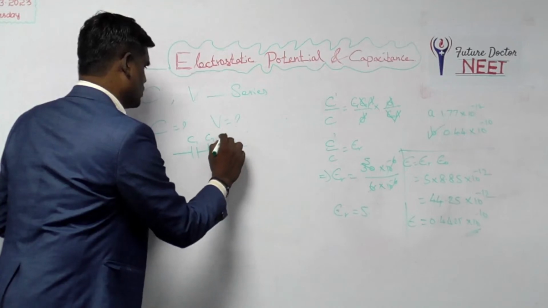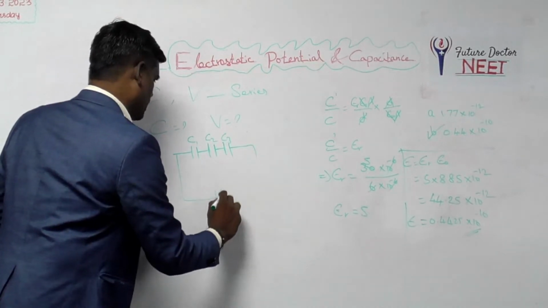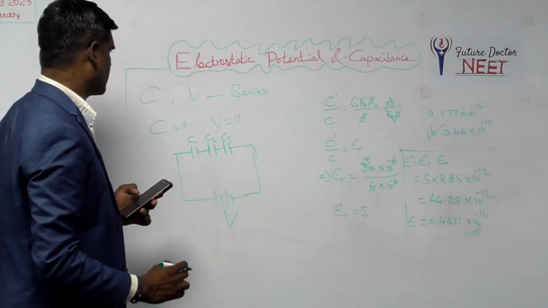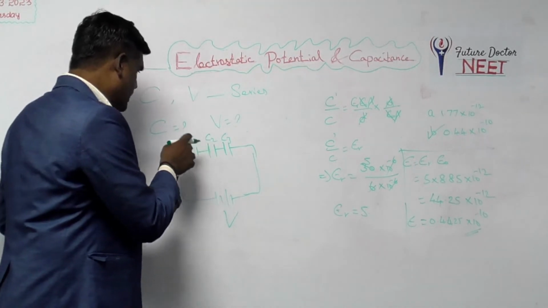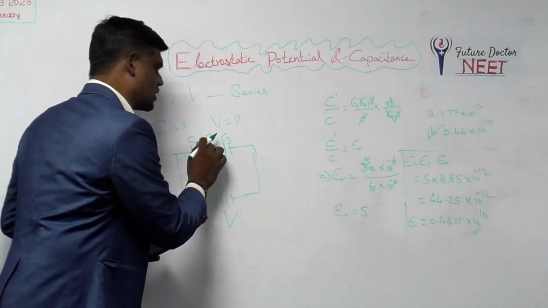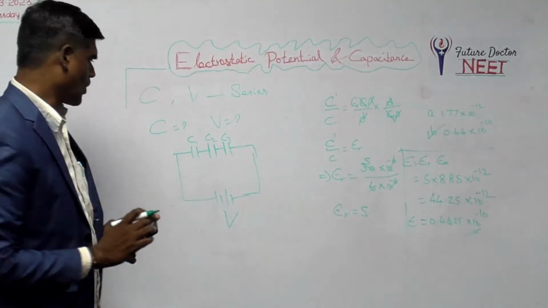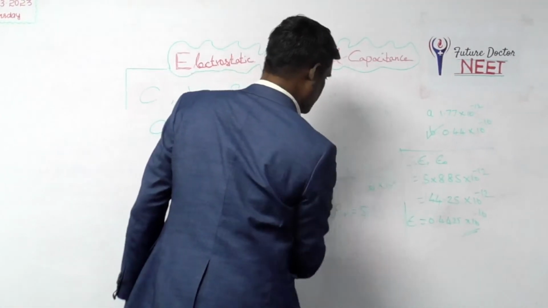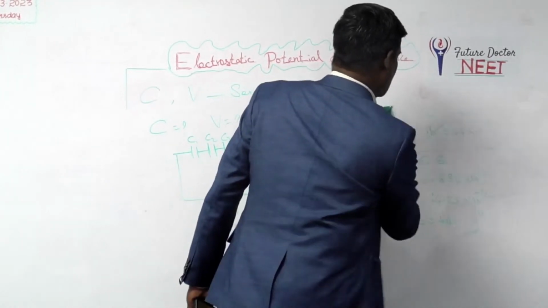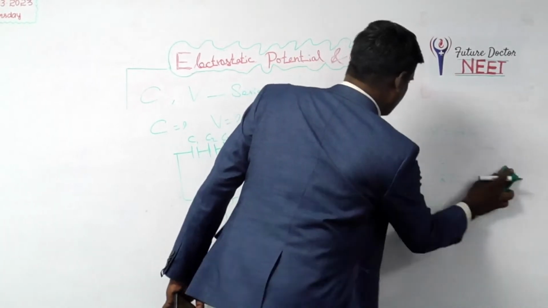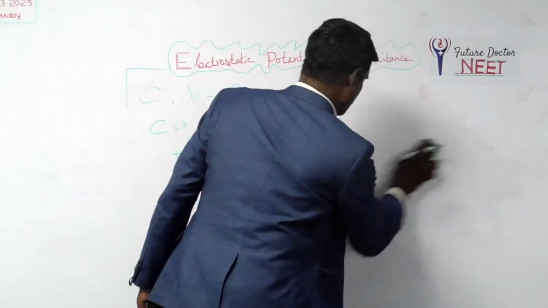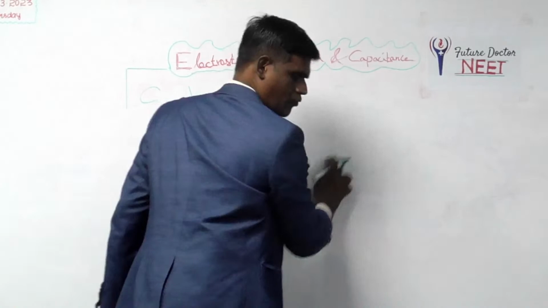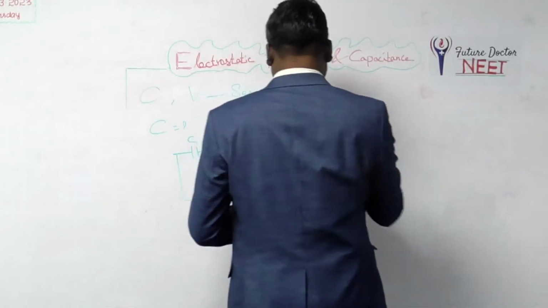C1, C2, C3, and then some voltage V. Three capacitors, each value is C. So C1 equal to C2 equal to C3 equal to C. Then you want to find the capacitance of the combination and the V value.